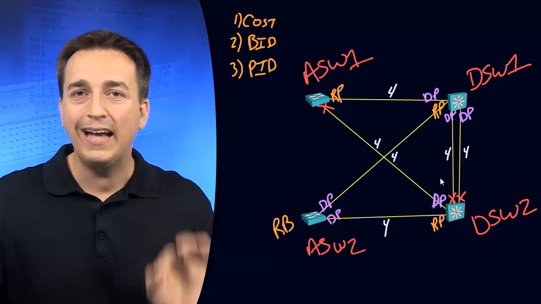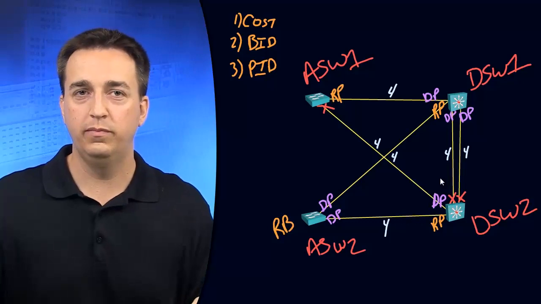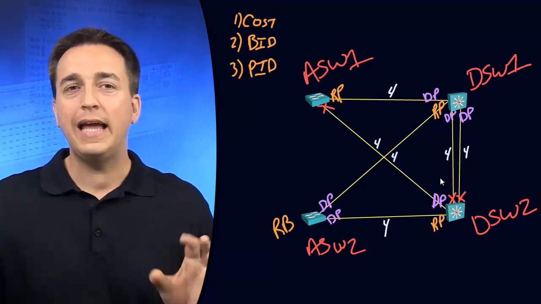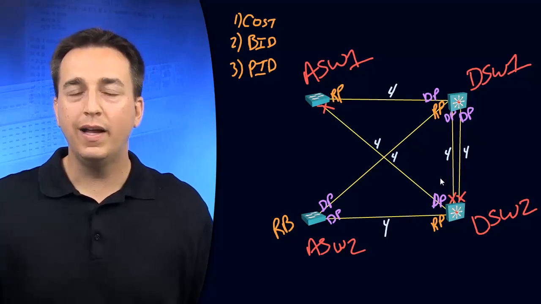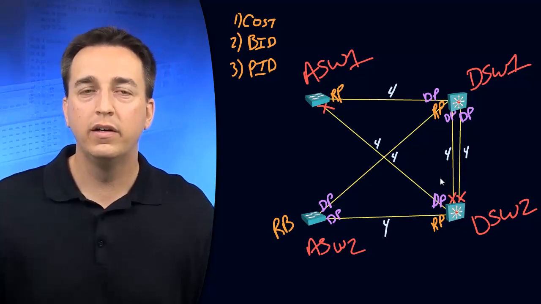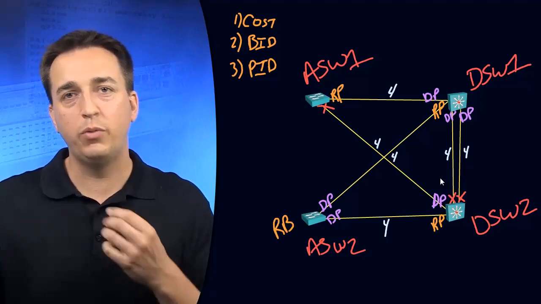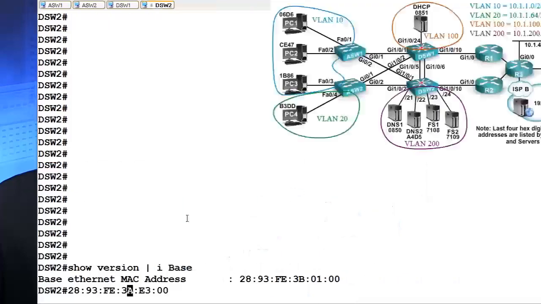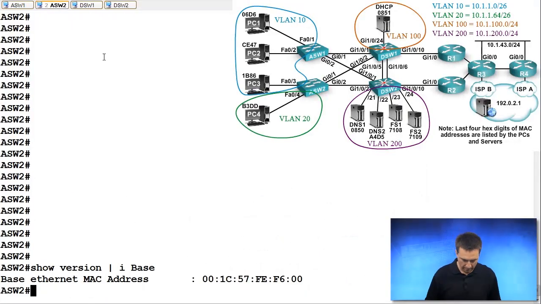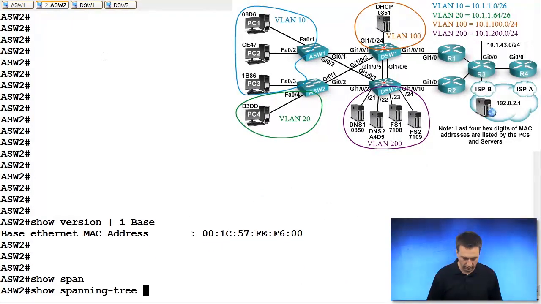So for ASW2, for VLAN 10, it is currently the root bridge, and all its ports are going to be designated ports. Let's go to ASW2, type in show spanning tree for VLAN 10.